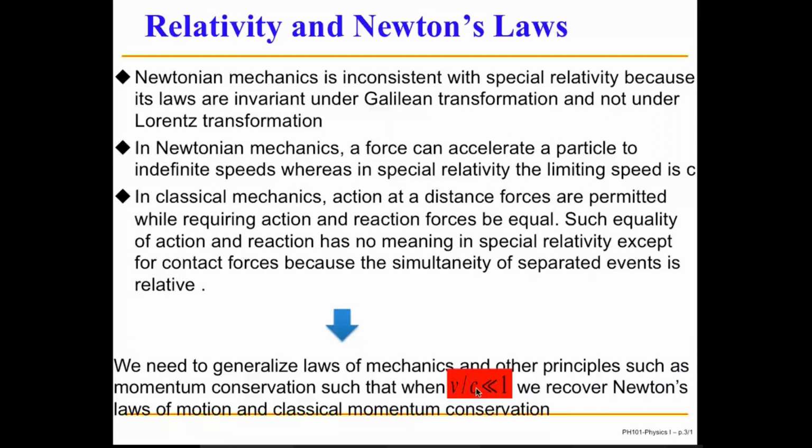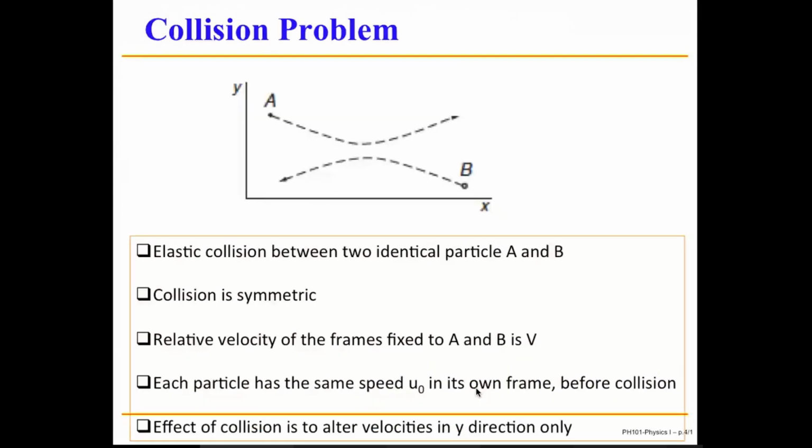So here is our collision problem. We are going to focus on the conservation of momentum here, and we are going to find out what modifications are needed to preserve this principle in relativistic mechanics. All right.